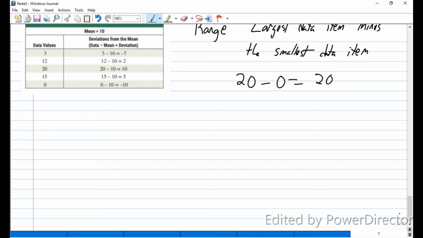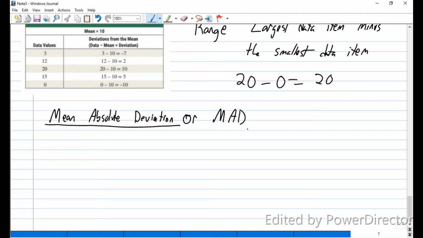All right, now the mean absolute deviation. We're going to have to use something like this whenever we go over another type of deviation that's very important to statistics. All right, the mean absolute deviation, or simply MAD, you mad?